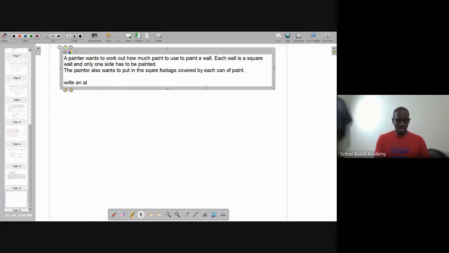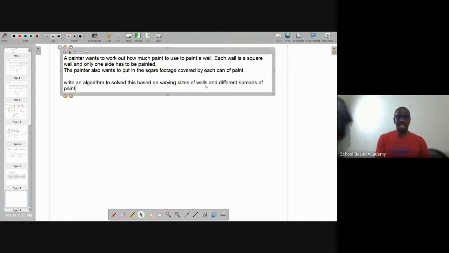Write an algorithm to solve this based on varying sizes of walls and different spreads of paint.